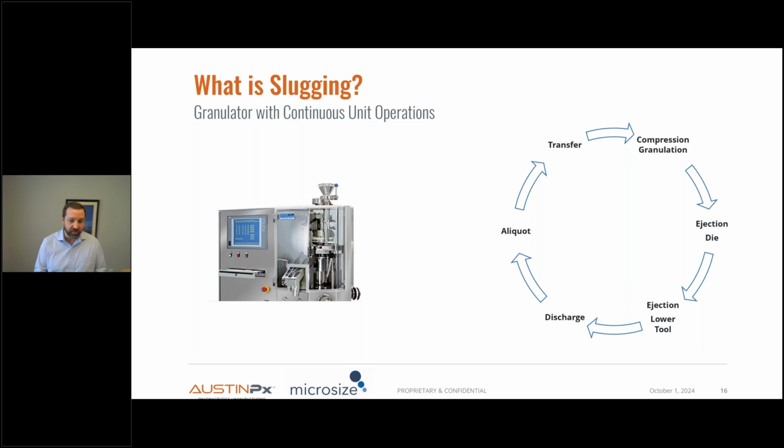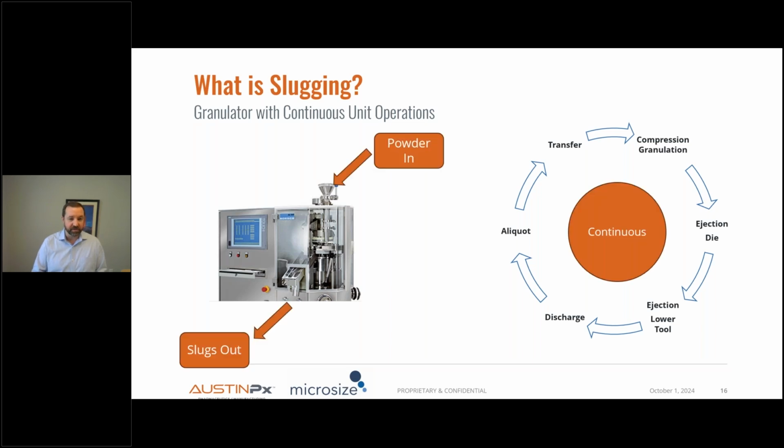That material is then transferred to an ejection location where it's discharged from the machine. And so a tablet press does this continuously, and we do this by feeding a powder to the machine, and we get what's termed a slug out of the machine. And these slugs can be milled into a powder and subsequently turned into a final dosage form. So this is a well-known approach.